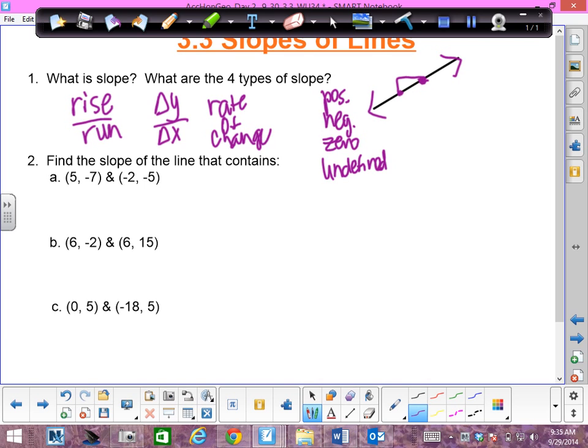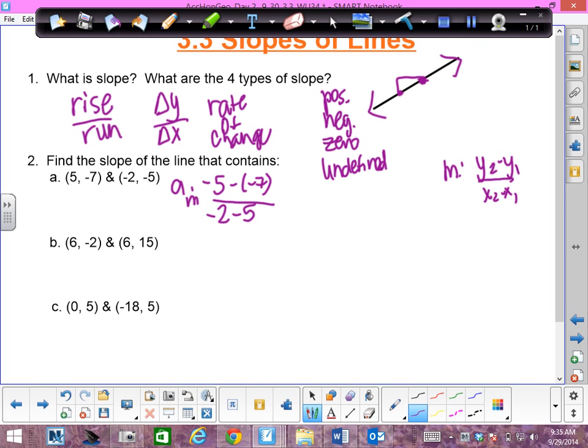To find the slope of the line that contains the given points, we need to use the formula for slope. So remember, to find the slope between 2 given points, we use y2 minus y1, that's your change in y, over the change in x, x2 minus x1. So to work out a, we're going to have negative 5 minus negative 7 all over negative 2 minus 5.